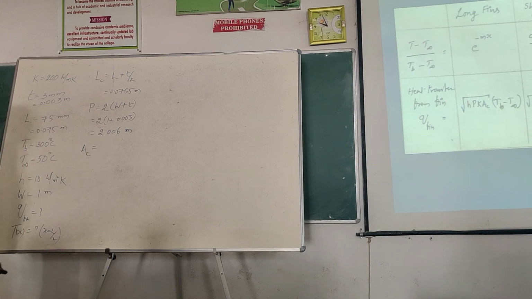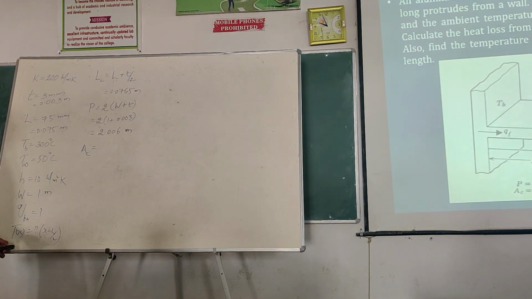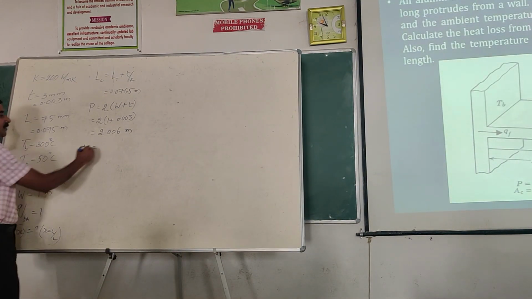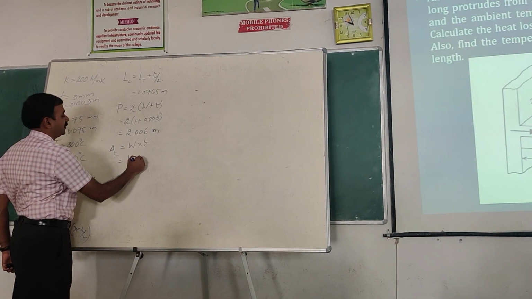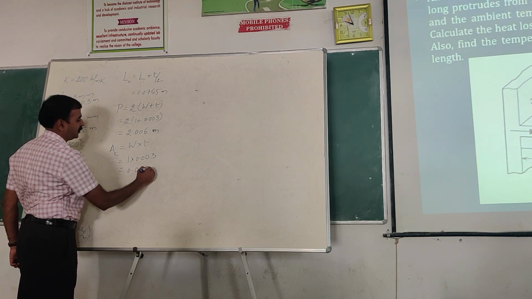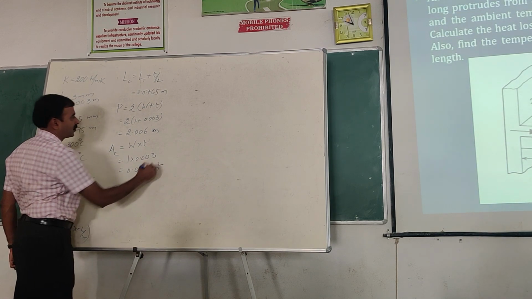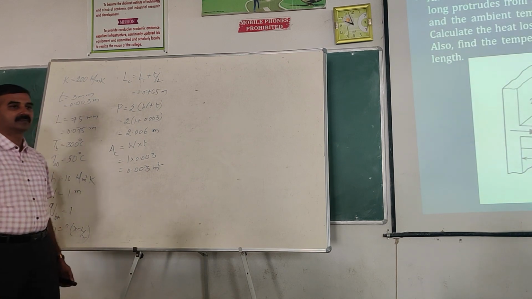What's the formula for cross-sectional area? Cross-sectional area is w into t, 1 into 0.003 meters square.